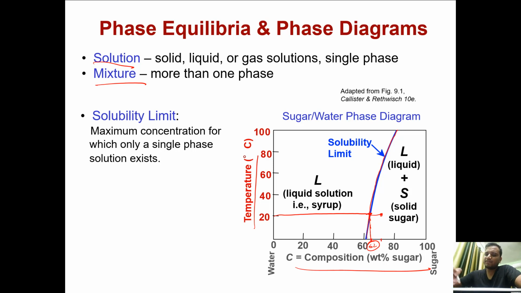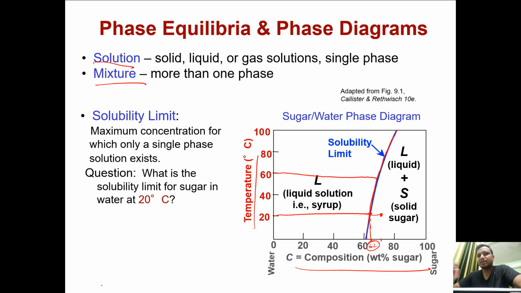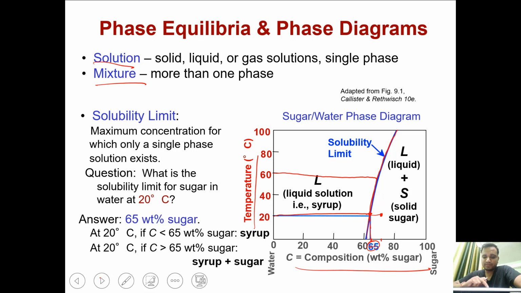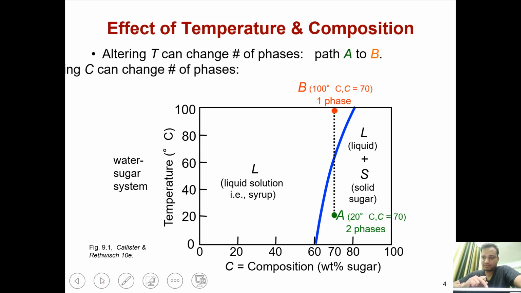At different temperatures, if you increase the temperature, the solubility limit increases. Why does it increase? As we increase the temperature, the bonds stretch, the gaps between the atoms increase, and if we add some extra particles from outside, the solution has the tendency to hold them, right? So this thing we have discussed.